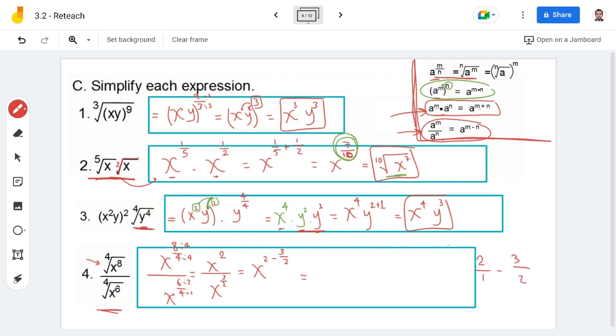Use the butterfly method, from left to right. 2 times 2 equals 4, minus 3 times 1 is 3, over 1 times 2 is equal to 2. So 4 minus 3 is equal to 1 over 2. So now the answer is half, not negative half.